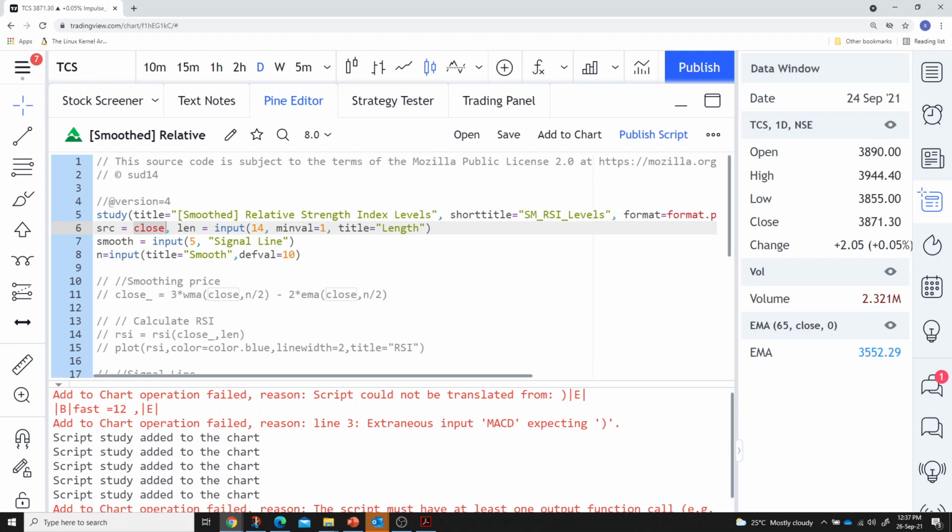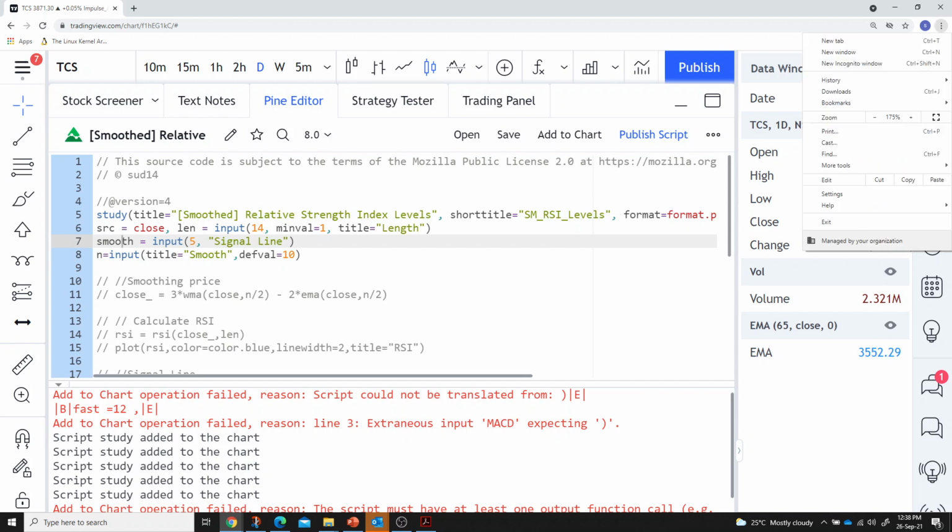I am giving the length, the RSI length is 14. I want to smooth the price to some value, and I want to apply a signal line so that I can maybe consider crossover and so on. Just my thought process.